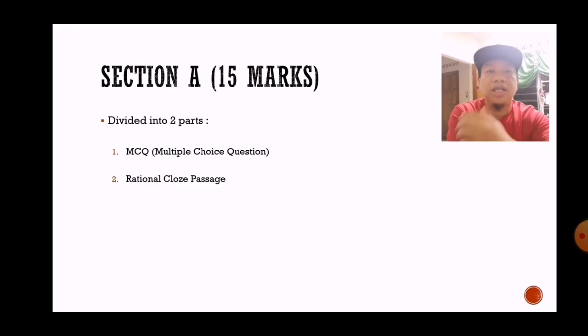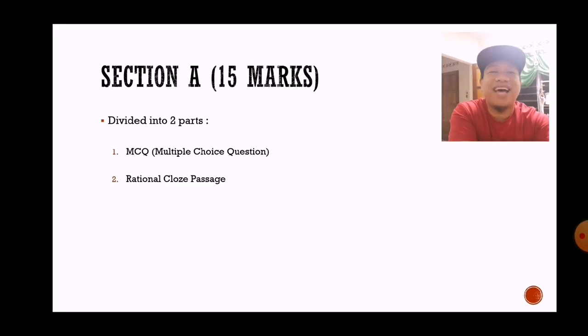Rational close passage is actually a grammar question. You will receive a text, and from that text there are, if I'm not mistaken, 7 blanks. Yes, there will be 7 blanks. 7 tempat kosong.